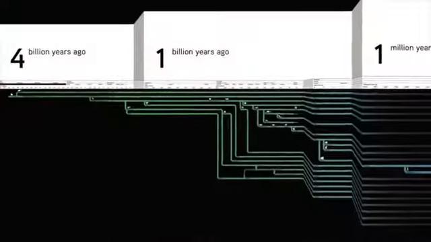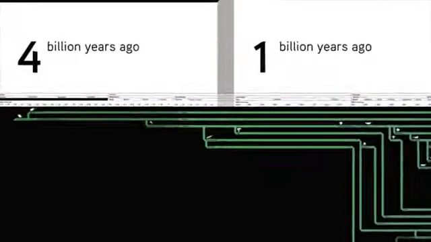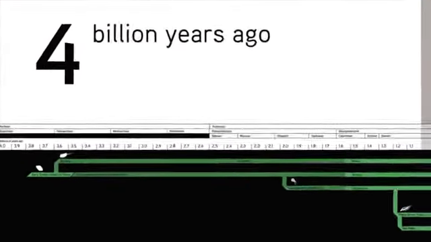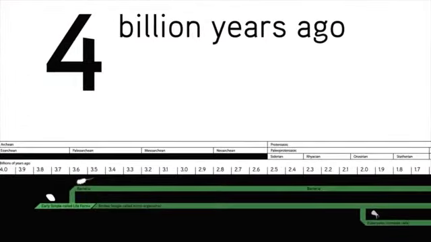And those that have more similar genomes get grouped into closer groups than those that have more dissimilar genomes. The result of that is the kind of diagram we have here, where all of the organisms on the planet today group into three major radiations called the bacteria, the archaea, and the eukaryotes.